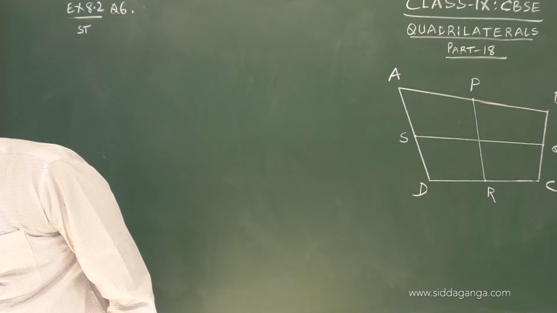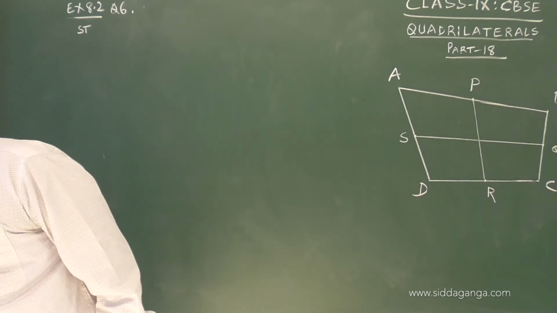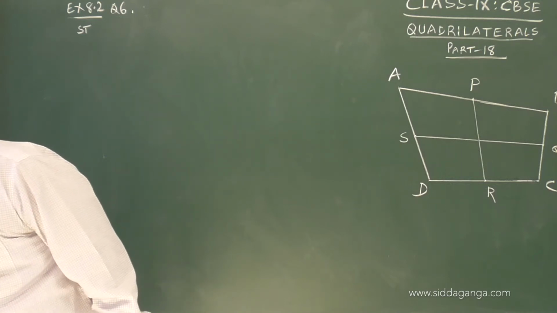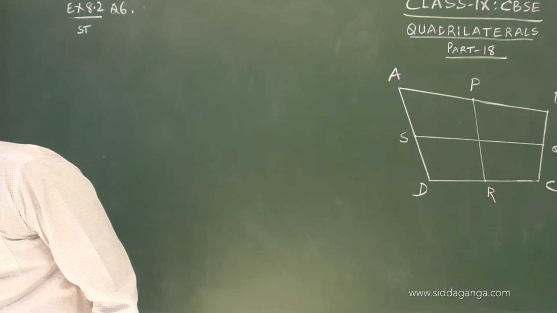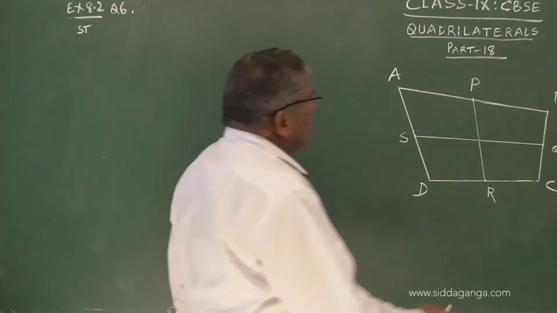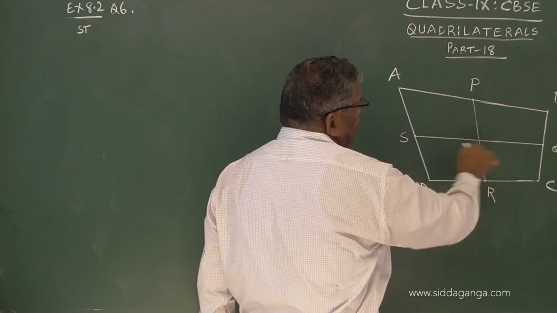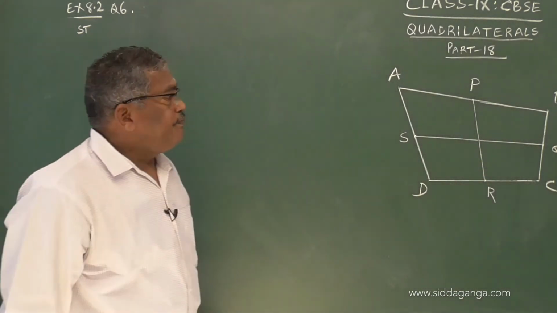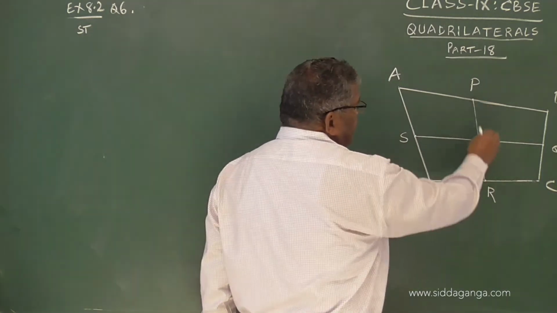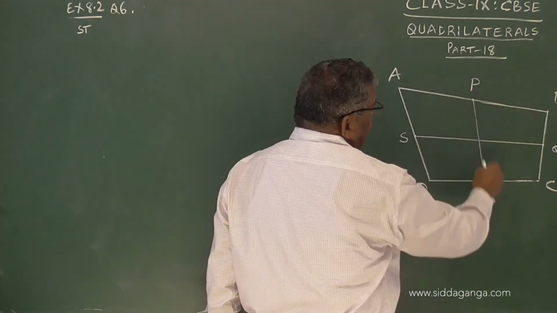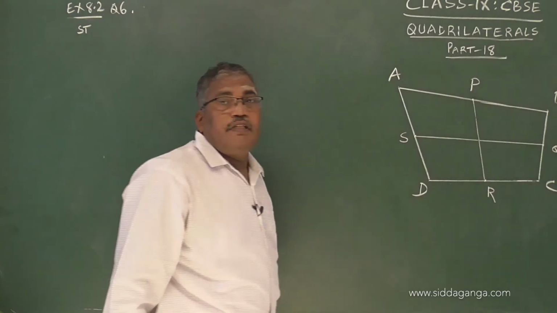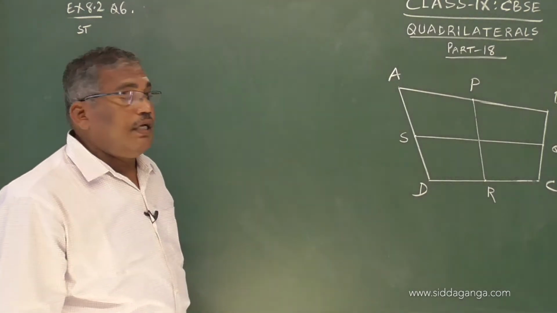Now see, we have to show that these two line segments PR and SQ bisect each other.